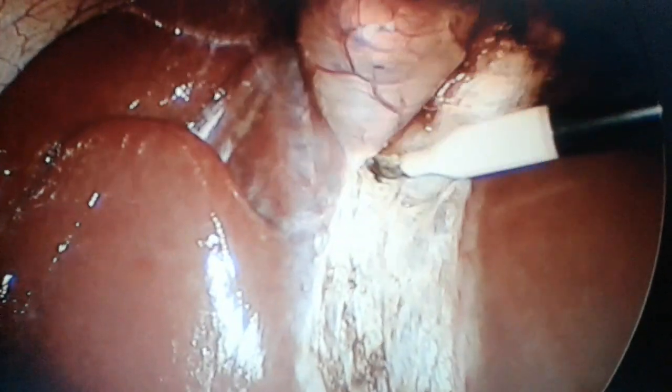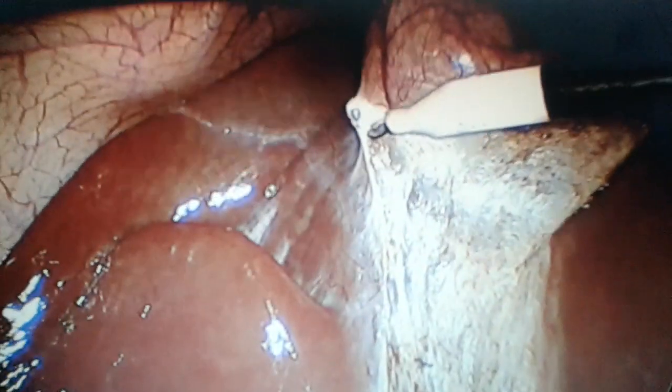In this way, the whole of the gallbladder dissection can be done. So this is a very good method. Very nicely gallbladder dissection is being done. Whenever required, shoulder is being used. Whenever required, the tip is being used, the electro hook.